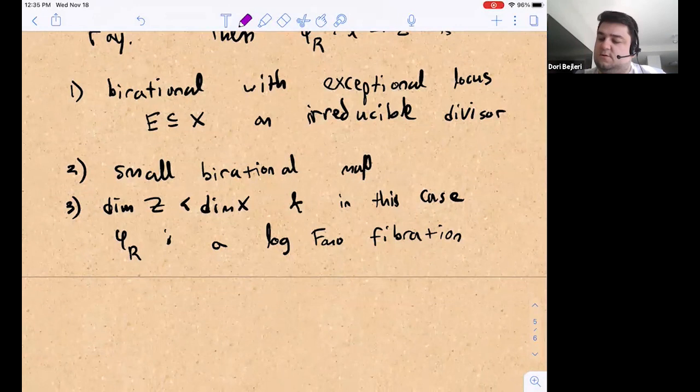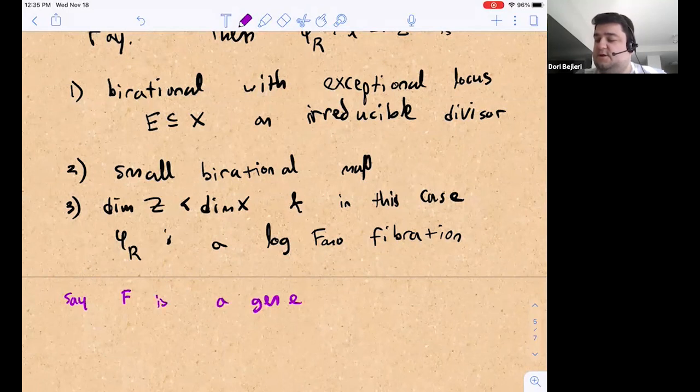generic fiber, so let's say F is a general fiber in case 3.